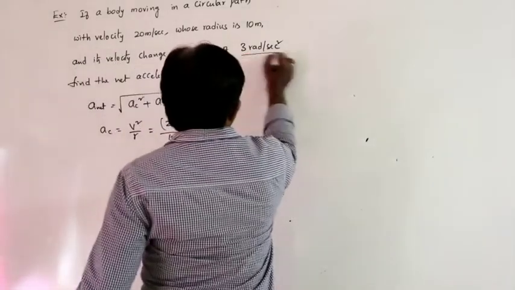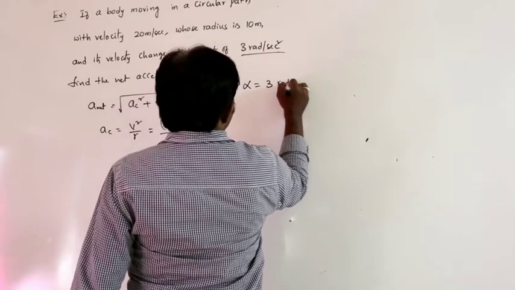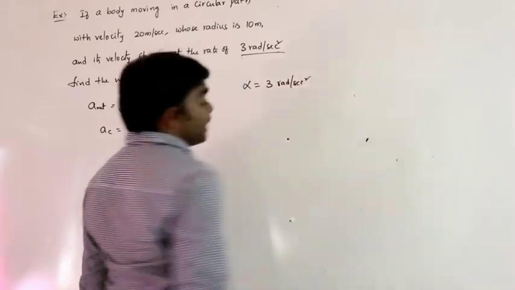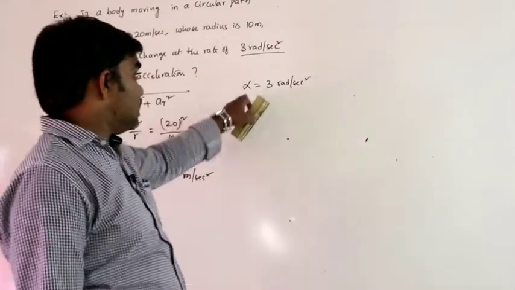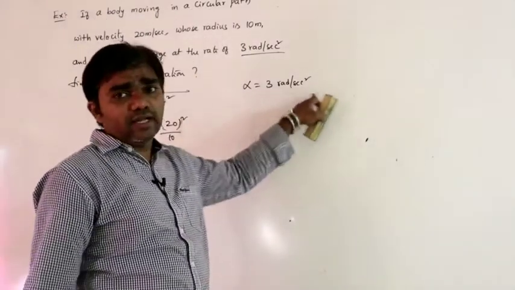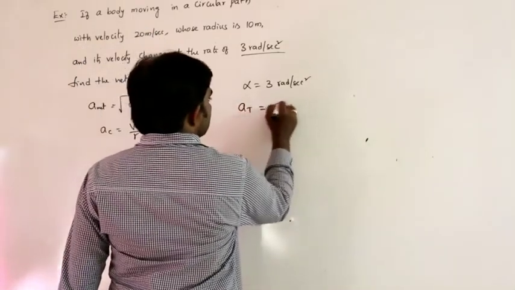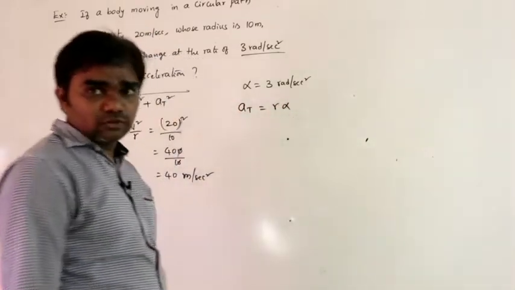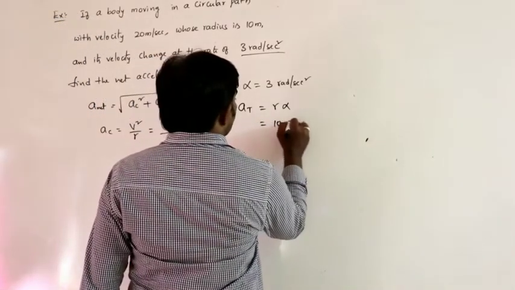Alpha, the angular acceleration, is given as 3 radian per second square. From this, tangential acceleration can be written as R alpha. What is the value of R here? 10. Alpha is 3.